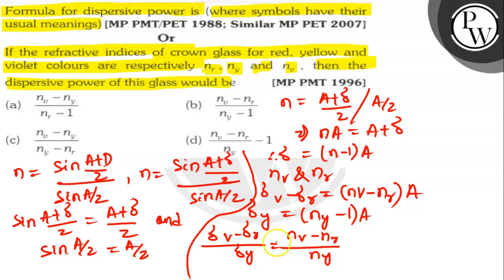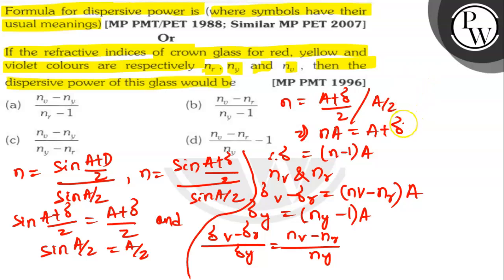The term (delta v minus delta r) divided by delta y stands for the dispersive power of the prism's substance and is represented by the symbol omega.